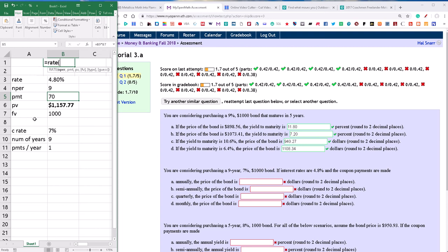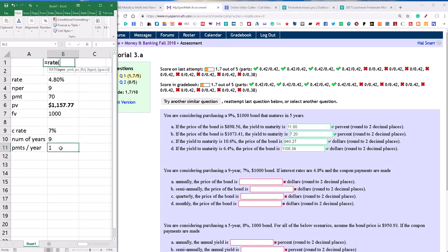So what we have to do here is divide this by the number of payments per year, in this case 1. So if we have an annual bond, because the coupon rate is 7%, and 7% of 1,000 is $70, we get 1 payment a year of $70.